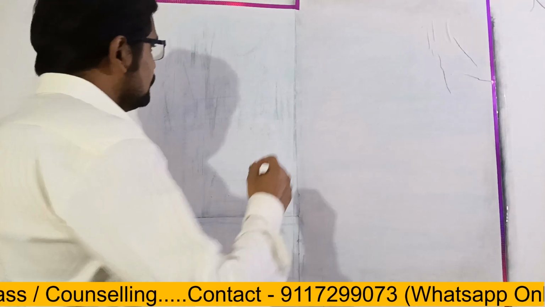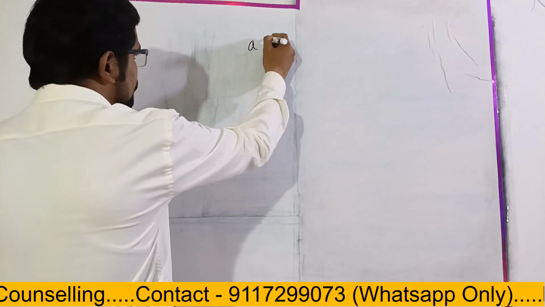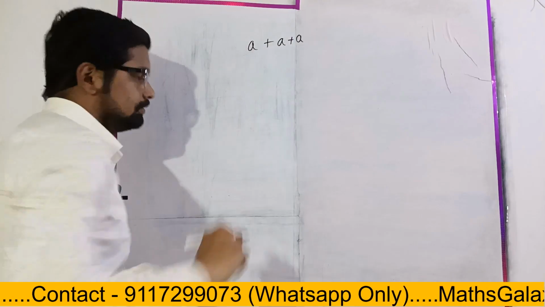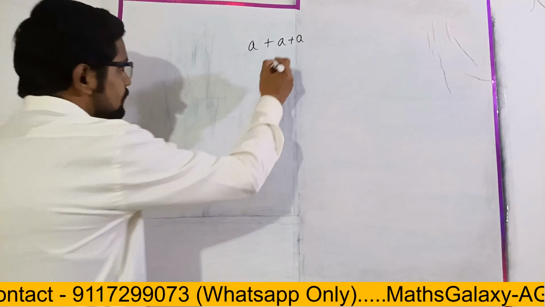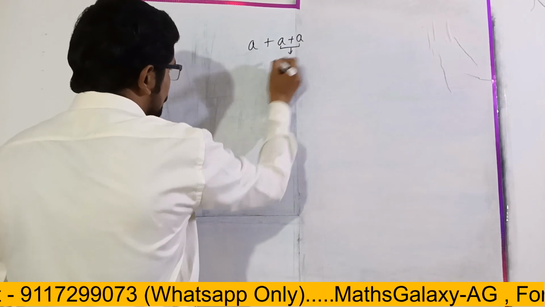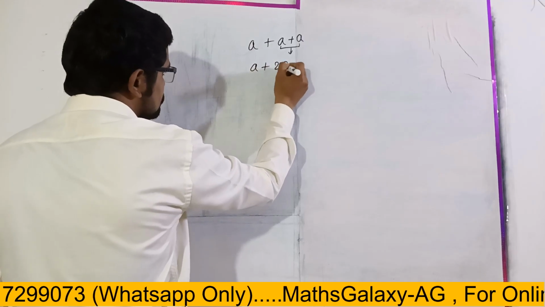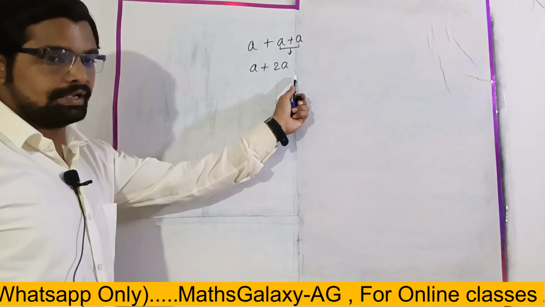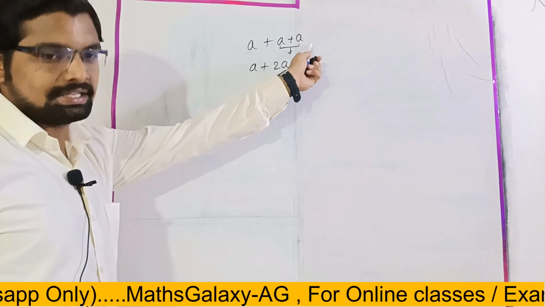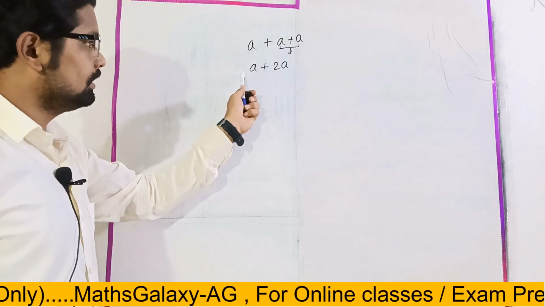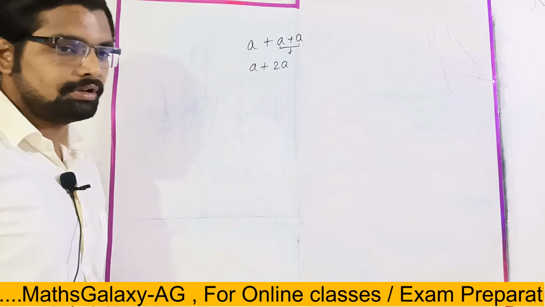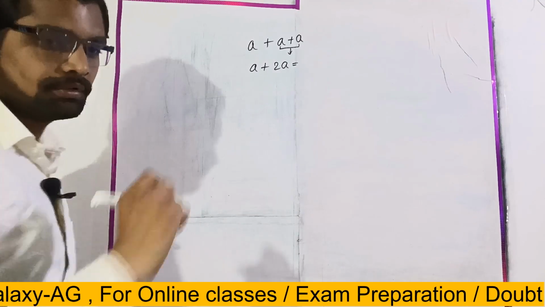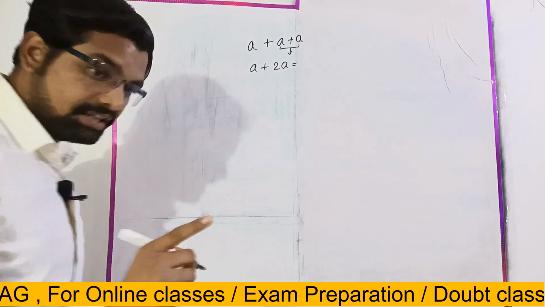Suppose here it is written a plus a, right? And these two a's are written as a plus 2a. A plus 2a. 2a means a plus a, right? Then a plus 2a will be 3a.